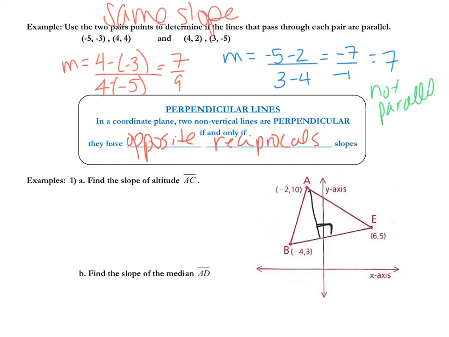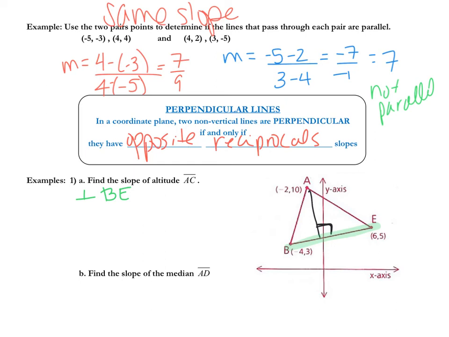So if I want to find the slope of the altitude, I need to find the slope of this line, because it needs to be perpendicular to BE. If I find the slope of BE, then I can do the opposite reciprocal to find the slope of the altitude.